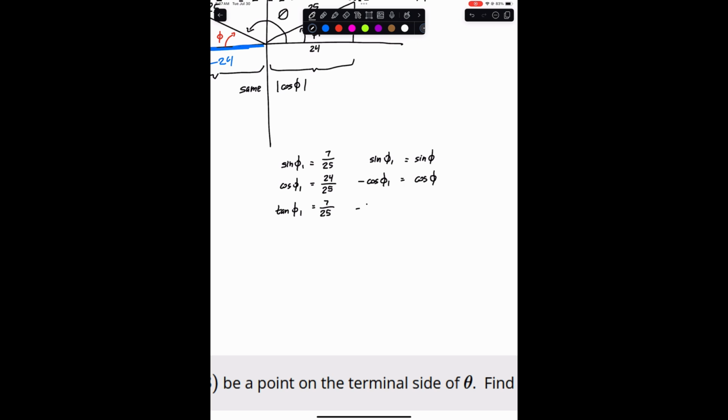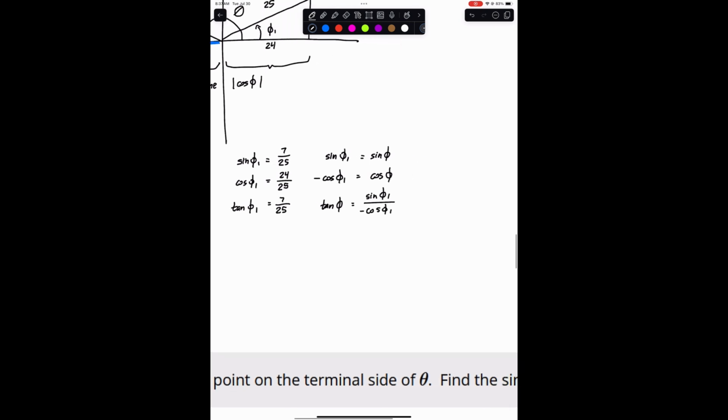So tangent of phi is equal to sine of phi1 over negative cosine phi1, which is negative sine phi1 over cosine phi1, which is negative tangent phi1.